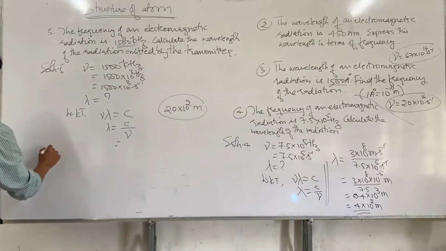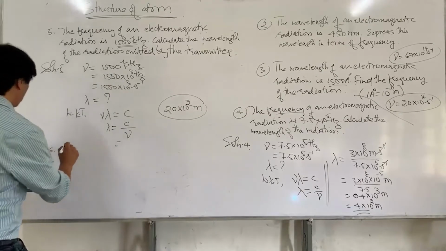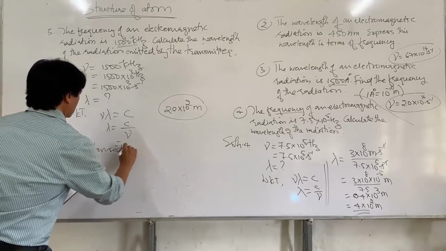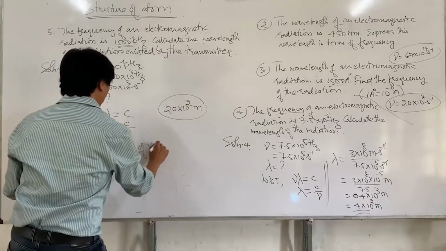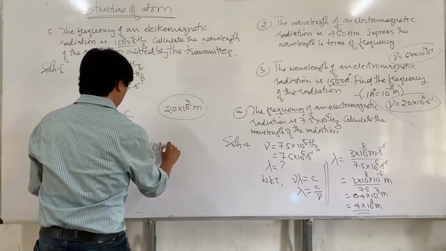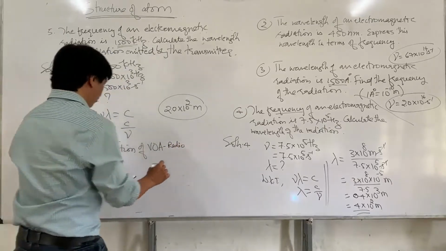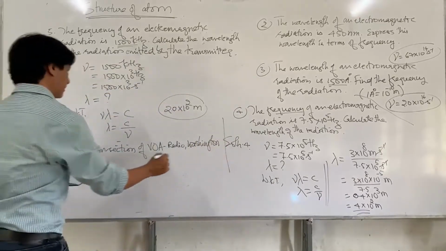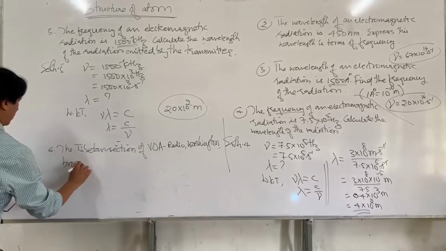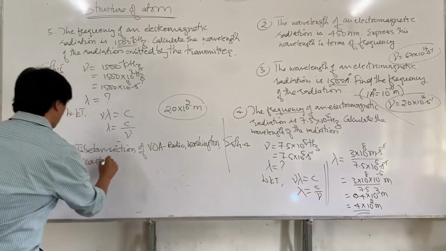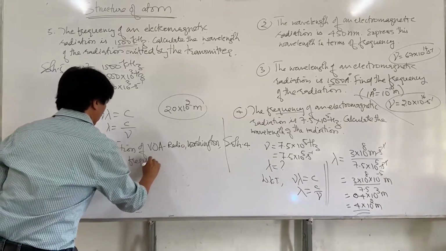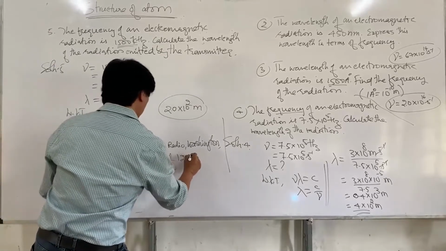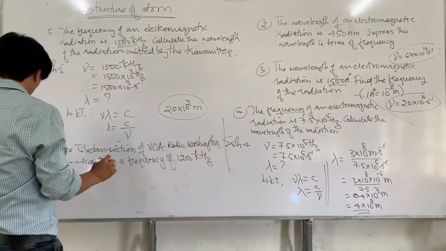And now the next problem, number 6, is: the Tibetan section of VOA, the Voice of America radio, Washington, broadcasts on a frequency of 1200 kilohertz.